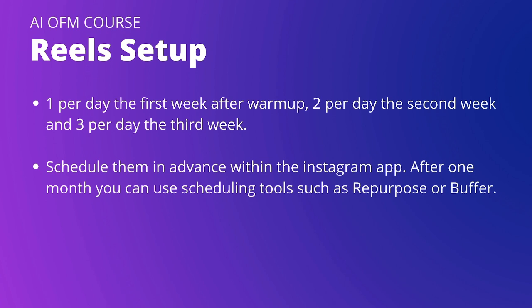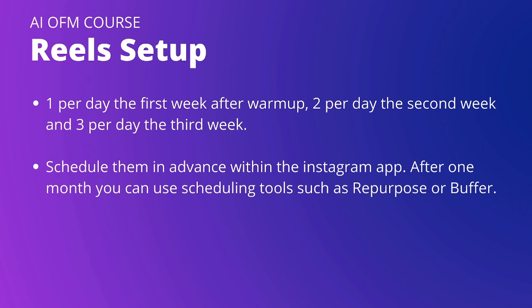you can go public and start posting reels. How to post reels: basically 1 per day the first week. You warmed the account for a week and you already have your 12 grid posts. Once you start posting reels, it's 1 per day the first week, 2 per day on the second week, and 3 per day on the third week.